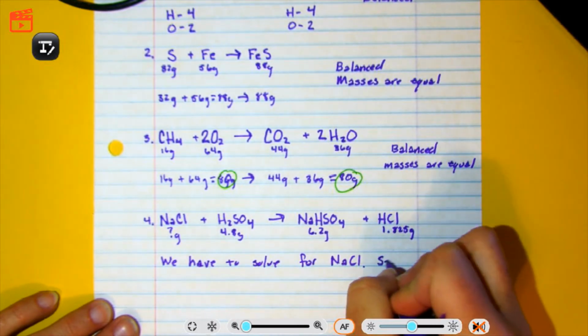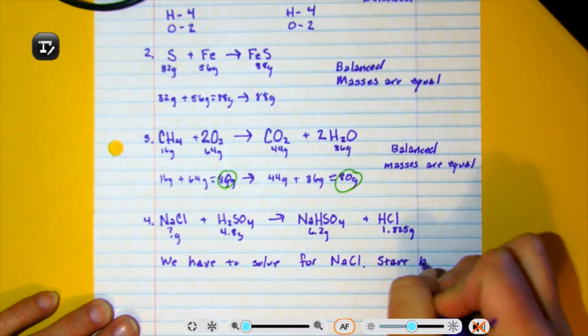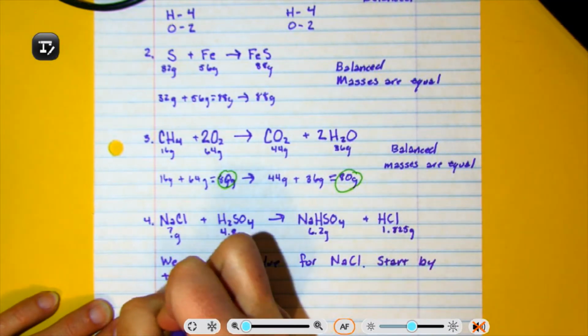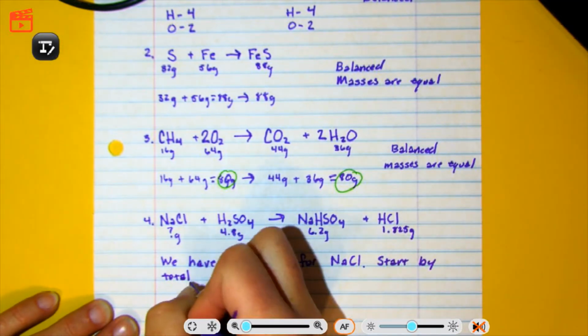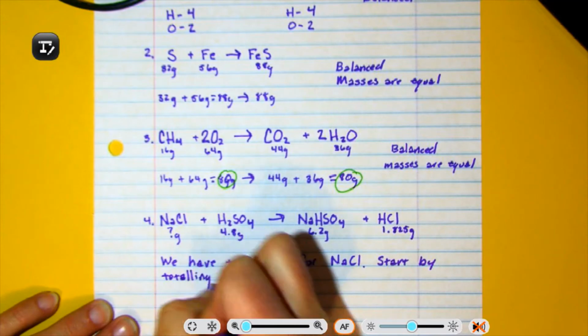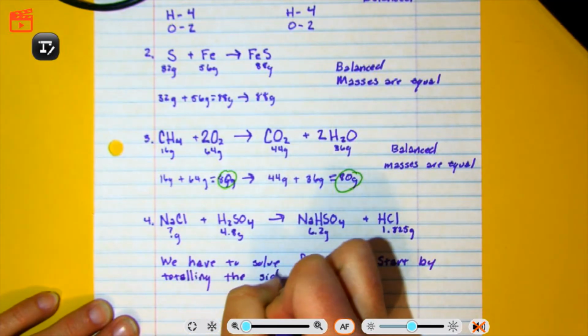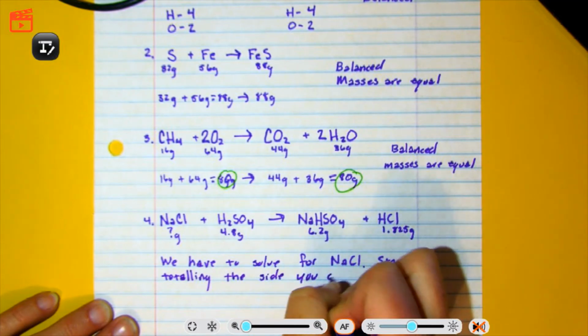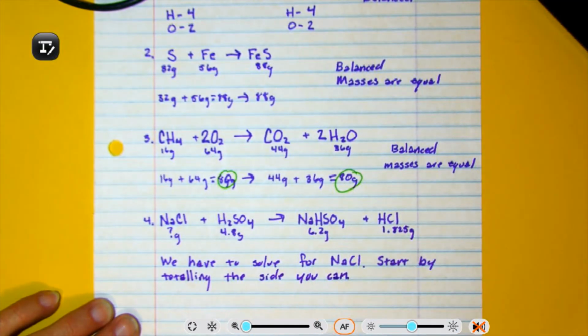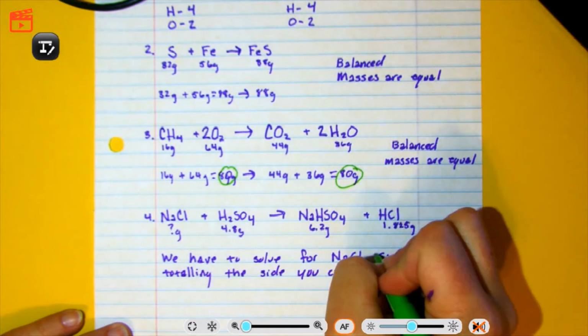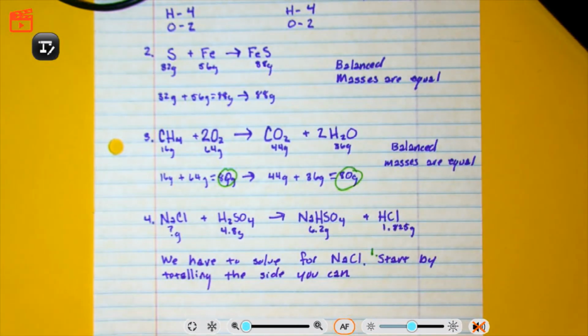All right, so we're going to start by totaling the side you can, because they didn't give us the masses on both sides. So in this case, is it the reactant side that we can add up the total, or is it the product side that we can add up the total?